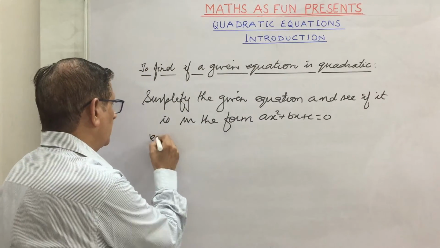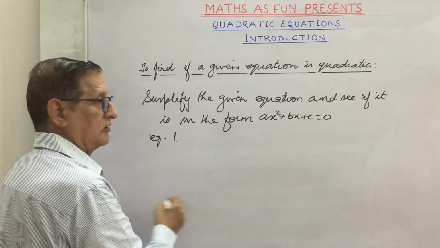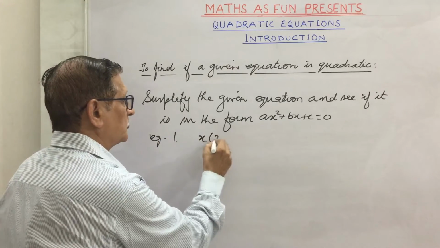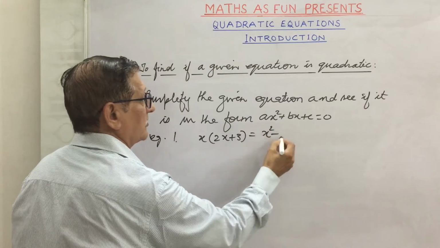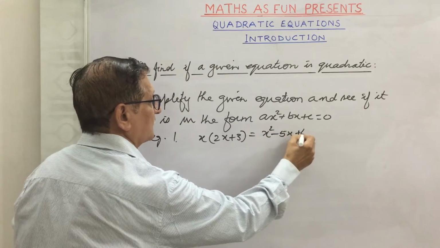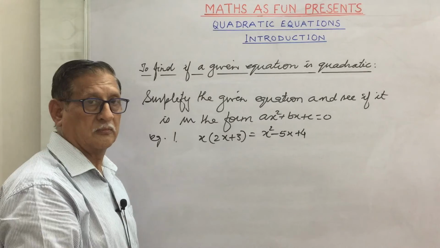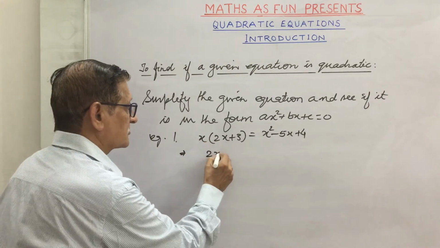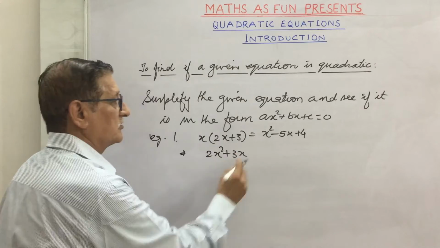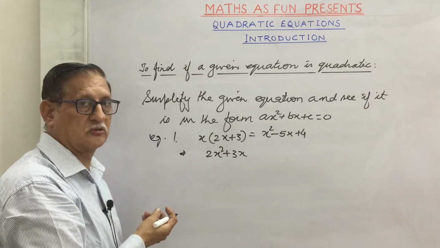For example, suppose we have been given x(2x + 3) = x² - 5x + 4. What we do, we'll simplify this. This is 2x² + 3x, and transpose these terms also onto the left.